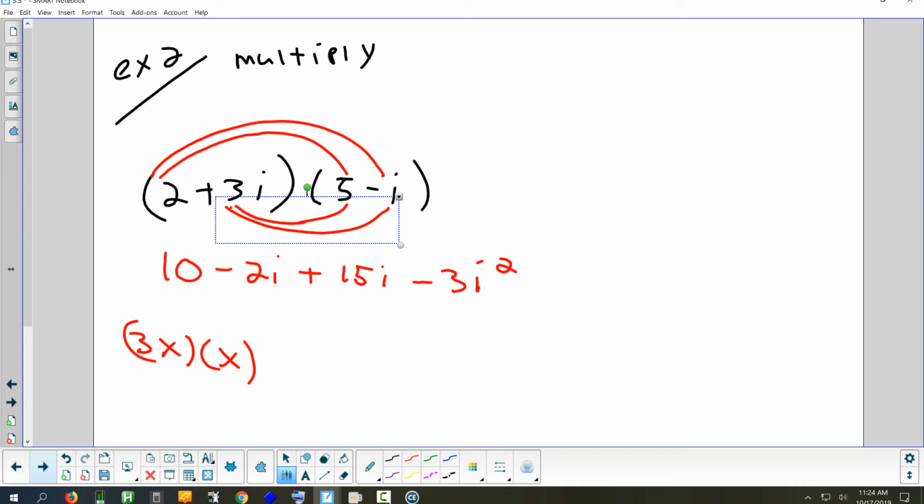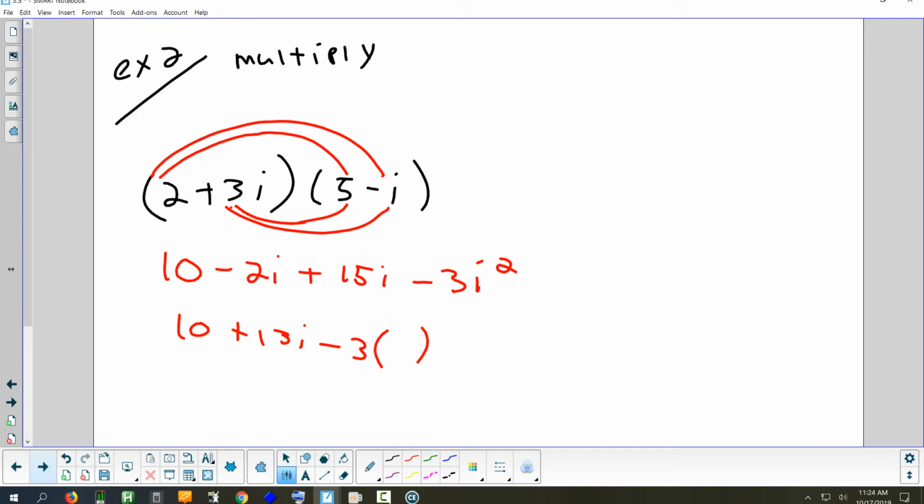Now, we still got some stuff we got to do. All right. We've got a negative 2i and a 15i. We can combine those together. 13i minus, we've got a 3. And earlier we talked about i squared. Caleb, i squared can always be changed to what number? Negative 1.